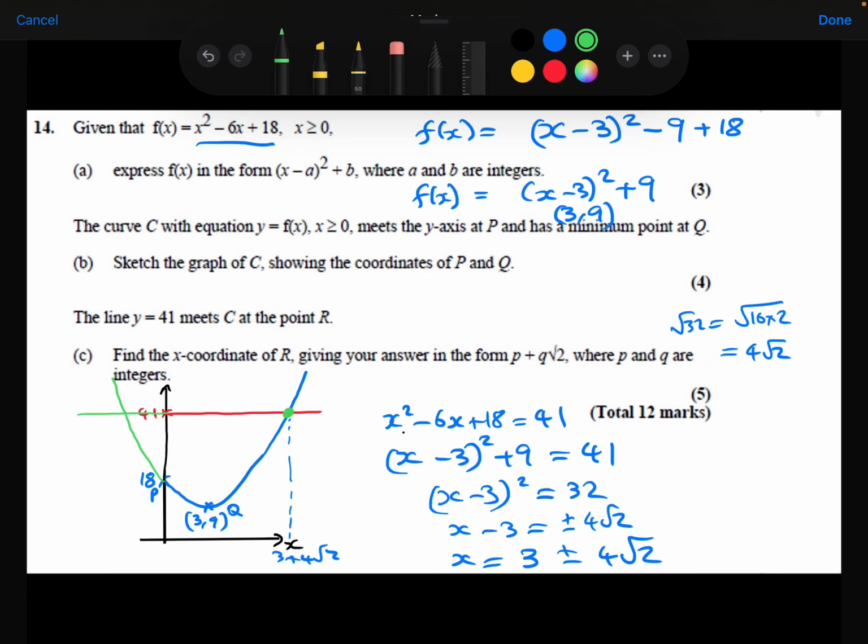But we're not interested in that because we were told that x had to be greater than or equal to 0. So my answer is 3 plus 4 root 2. And you can see that is in the required form.